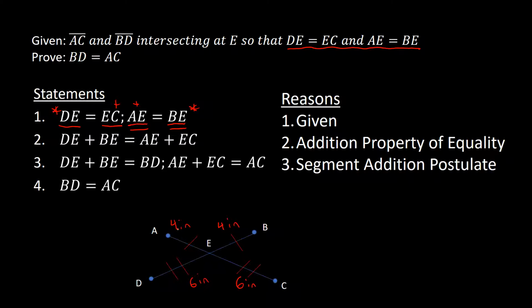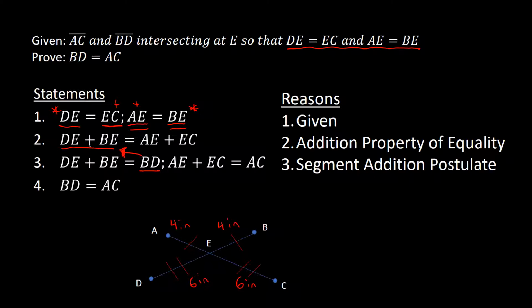Now this one is not as obvious for a lot of people. If we take a look at this initial statement, DE plus BE, and then right here we see that DE plus BE is equal to BD. Those are the same thing. So in place of DE plus BE, I'm going to put in BD, because those are the same thing.